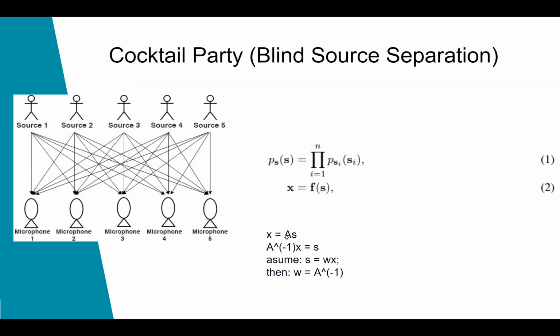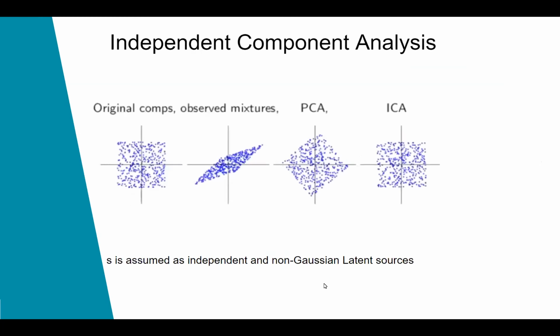The matrix A is the linear combination, and we have the observed data X. The only thing we have is unsupervised learning, and we use some methods to get back, and finally we can get the original sources. This is basically what independent component analysis is doing.